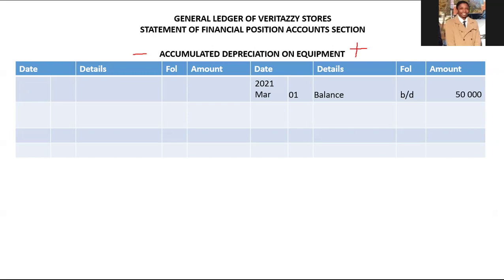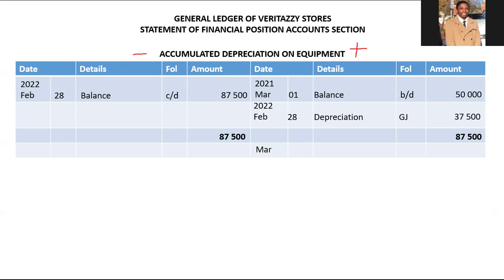Will it increase or decrease? It will increase. On which side? On the credit side. By how much? By 37,500. Taking our accumulated depreciation on equipment to 87,500. You will write it as balance carried down and ultimately balance brought down.